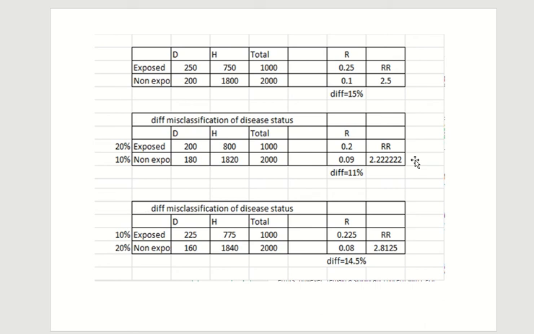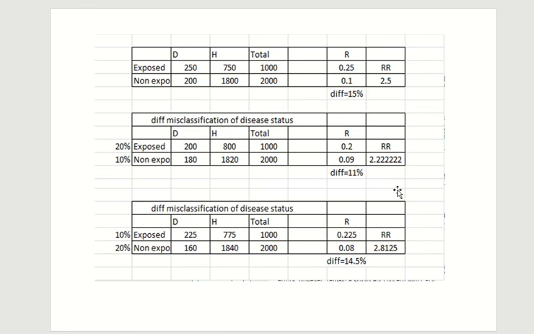This time, your relative risk has been biased towards the null, because it's a differential misclassification. We were saying that when we did the example, they were non-differential, 20% and 20%, and we got a relative risk that was non-biased. Here it is biased and it's biased towards the null.